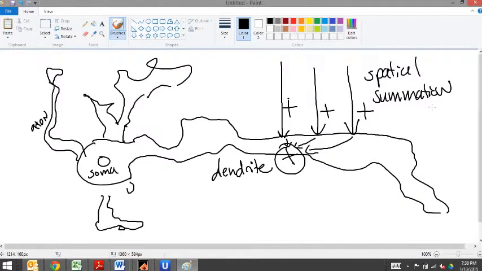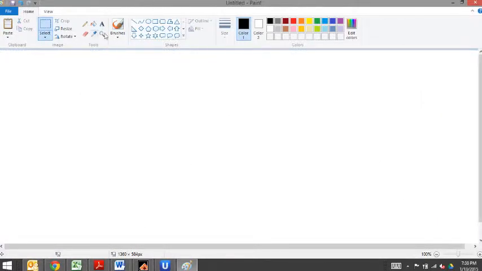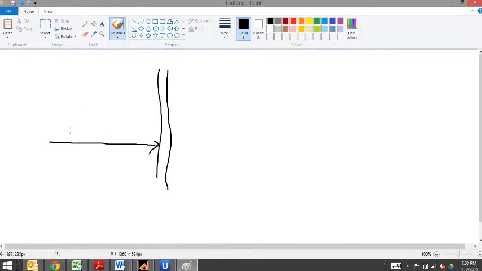Okay? So, just to make it simple, to offer one final drawing to this effect, if we had a candidate axon here, and we had a bunch of signals that were firing, high frequency, that added up into a very big signal here on the axon, that would be temporal.